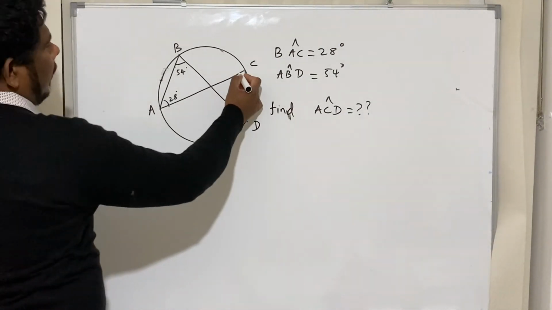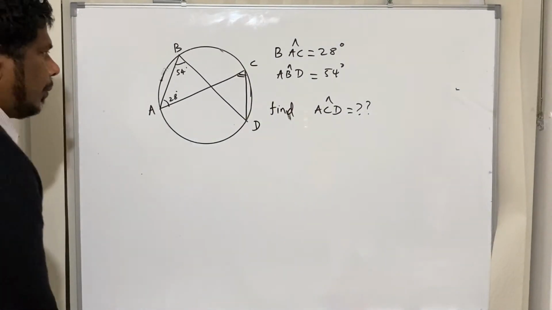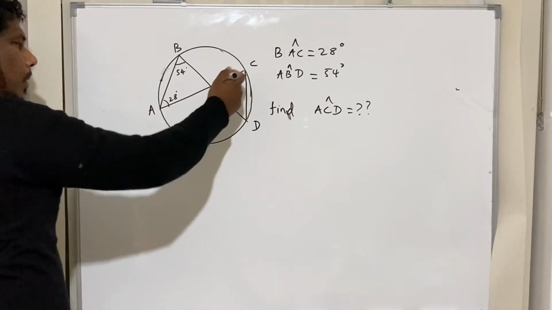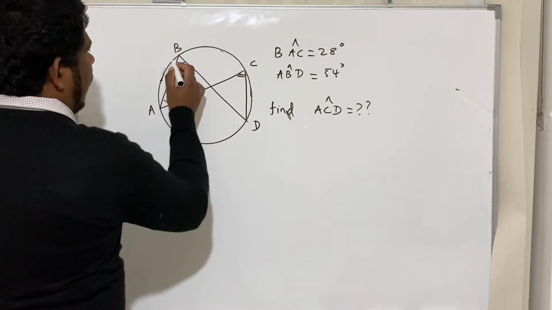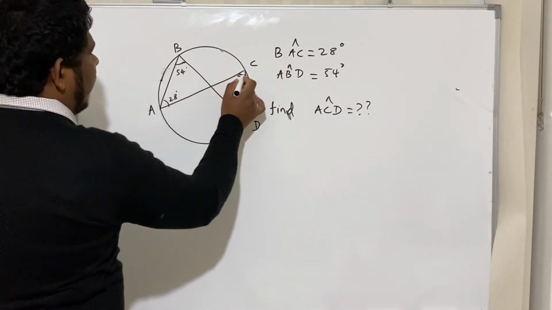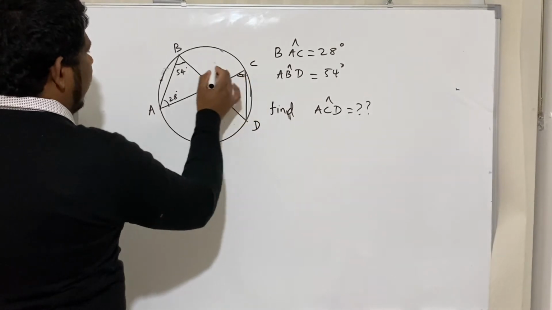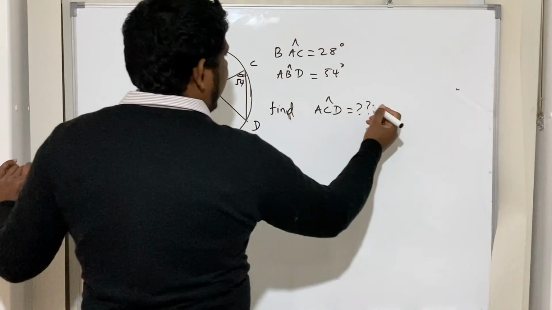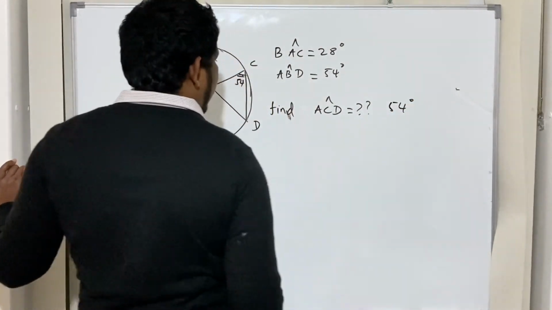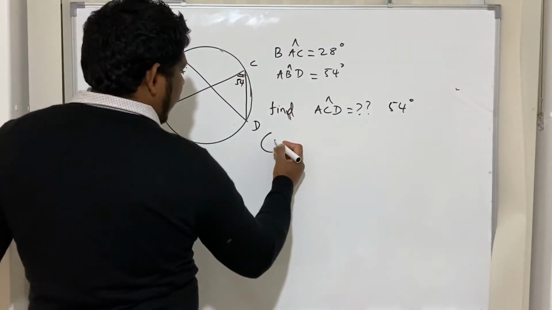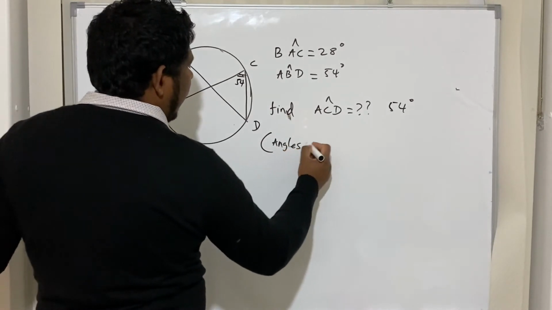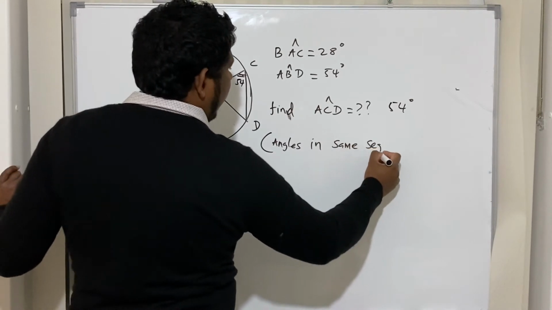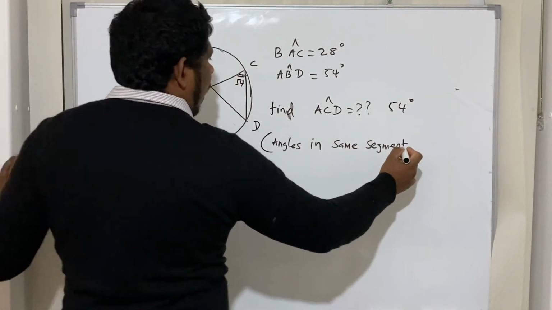So angle ACD, we need to find this. As per the circle theorem, the angles in the same segment are equal, so this is equal to 54. So angle ACD is 54, and the reason is angles in the same segment are equal.